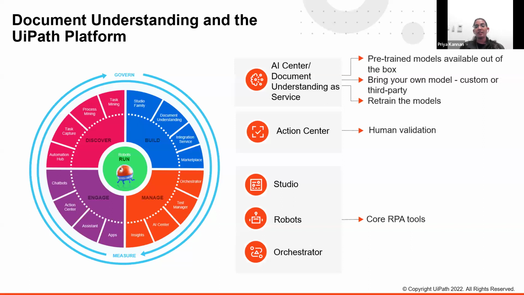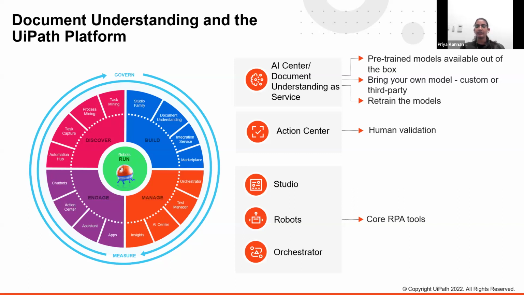Before we dive deeper, document understanding comes as a single product, but it is also involved with other products that help us manage the automation. We have AI Center, or document understanding as a service, where we train the model, create it and maintain it.